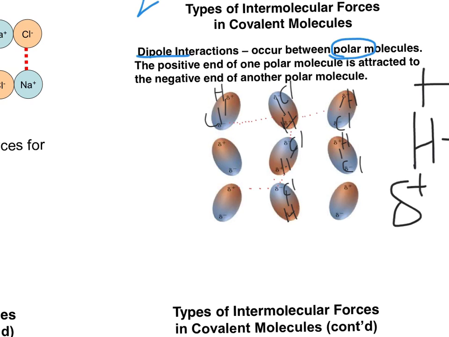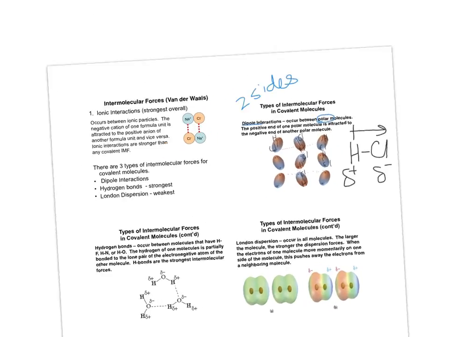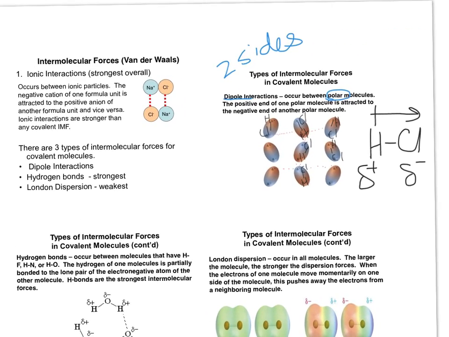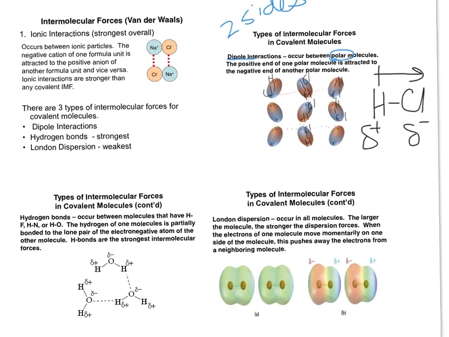It's also attracted to this hydrogen, and also attracted to this hydrogen, and so on and so forth. So it's the same idea as the ionic, except it's weaker because it's only a partial positive and a partial negative as opposed to a complete positive or a complete negative. All right, so that's dipole.